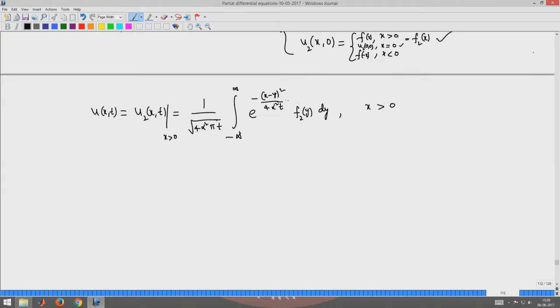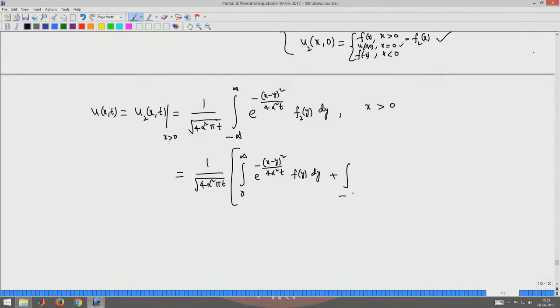So in this integral you consider only x positive. This gives 1 by the square root of 4 alpha squared pi t, and from 0 to infinity, e to the power minus (x minus y) whole squared by 4 alpha squared t. Now f2(y) when y is positive is f(y) dy.